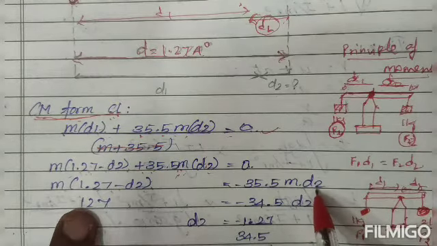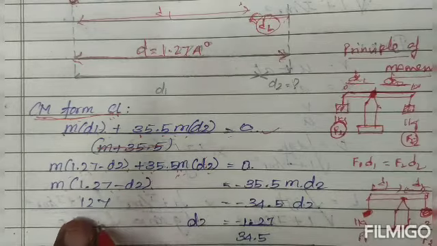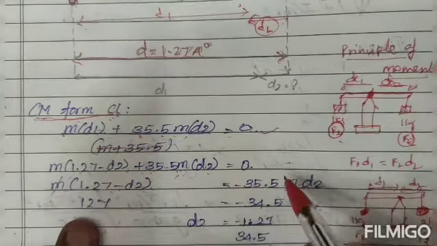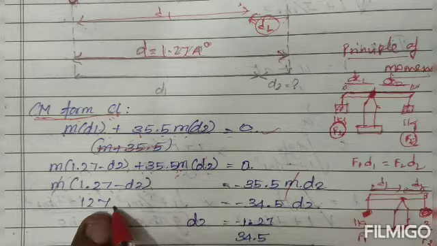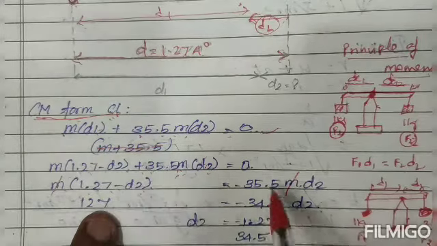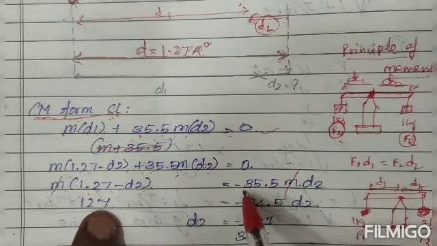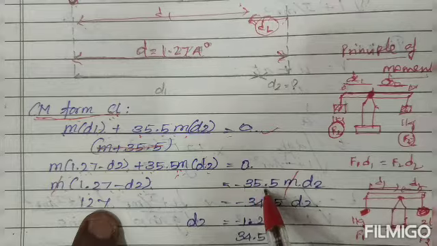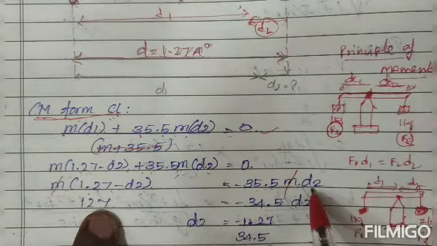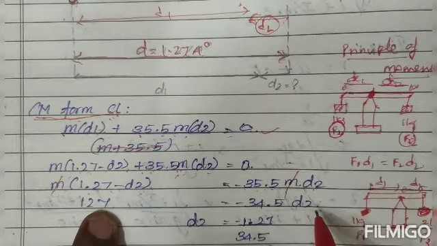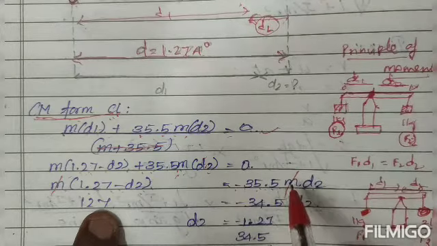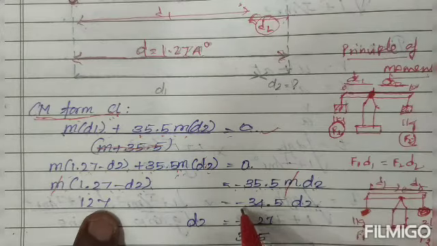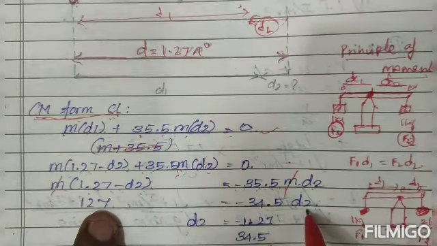Okay, so therefore the m value gets cancelled. So here the remaining 1.27 minus D2, moving to the right side becomes plus D2. Already minus 35.5 D2 is there. So one more plus D2 we are going to add: minus 35.5 plus 1, that is equal to minus 34.5 D2.